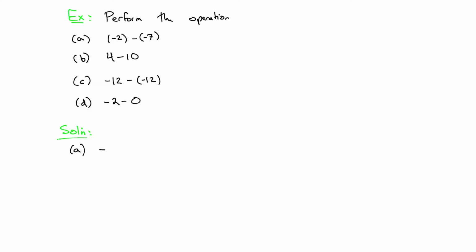Well, we got -2 minus -7. We're subtracting a negative, which is the same thing as adding the positive version. So this is going to be negative 2 plus 7. We've converted it to an addition problem, and these are now two numbers with opposite signs.